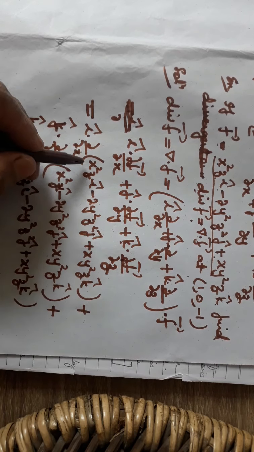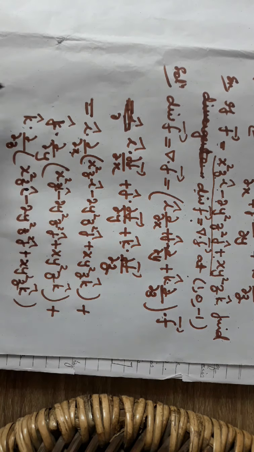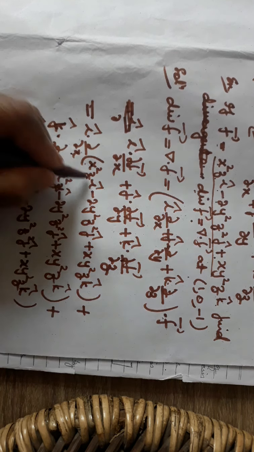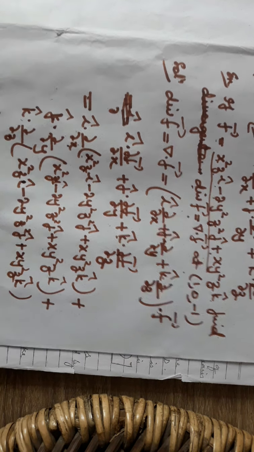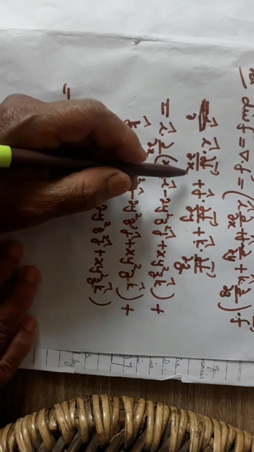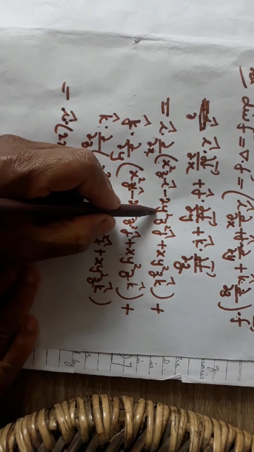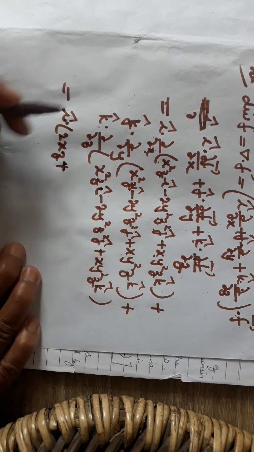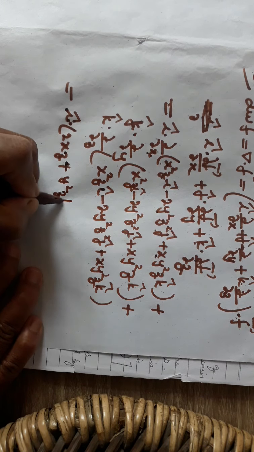Now del/del x is the partial derivative of the function f with respect to x, treating y and z as constants. So you have i dot 2xz i, and then plus, there is no term containing x in the j component, so its partial derivative gives 0, but in the k component you have x, and differentiation of x with respect to x gives 1, so it remains y squared z k cap.